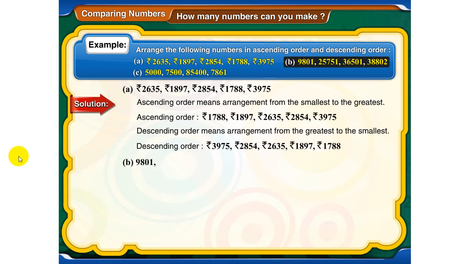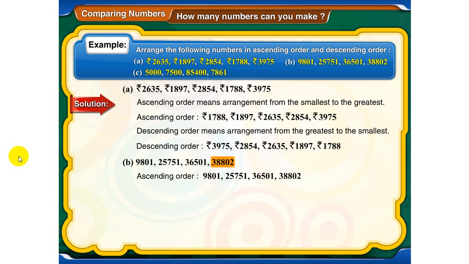B. 9,801, 25,751, 36,501, 38,802. Ascending order: 9,801, 25,751, 36,501, 38,802.